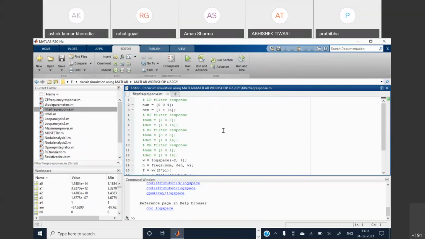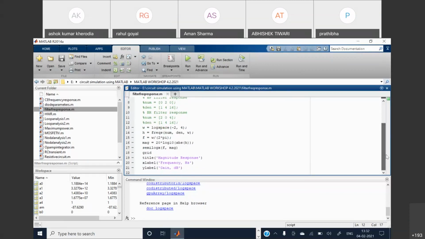What I have done is I entered different matrices. This is for, say, a low pass filter, this is for a high pass filter, this is for band pass, this is for band reject, and then I use the same thing to plot because I changed the numerator and denominator. W, logspace and all these things are the same.